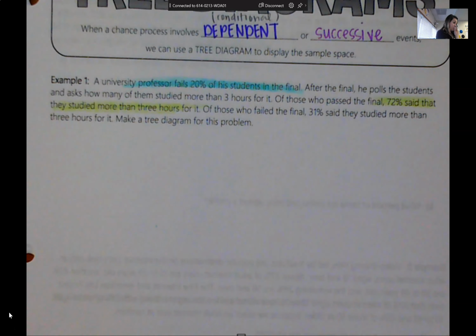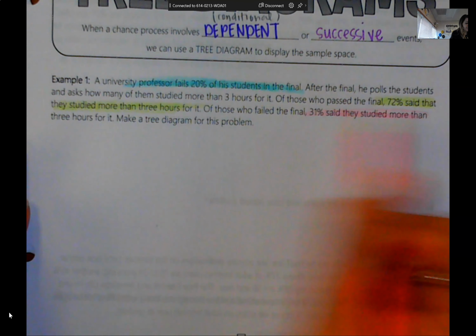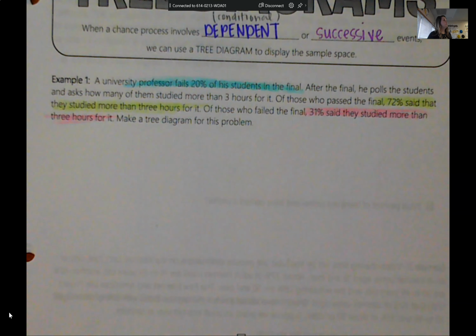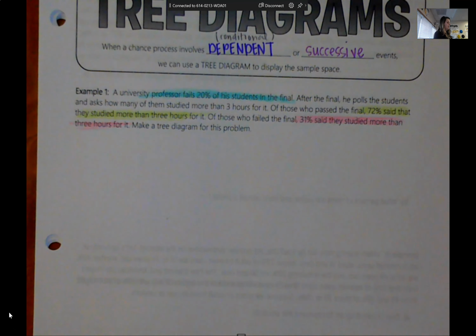And of the kids who failed, 31% said that they studied for more than 3 hours. So they have given us 3 different probabilities here. They've given us the probability that a student failed, the probability that he studied, given that he passed, and the probability that he studied, given that they failed.